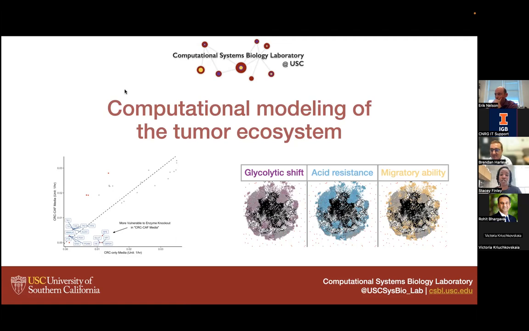Right. So I took out the slide where we have the distribution of cells and the extent of, for example, the glycolytic shift or the extent of the acid resistance. But really, it's not just on or off, right? It's a continuum of states from this base phenotype to a very high level of acid resistance.